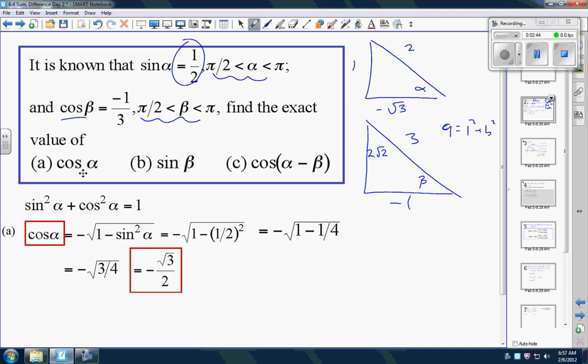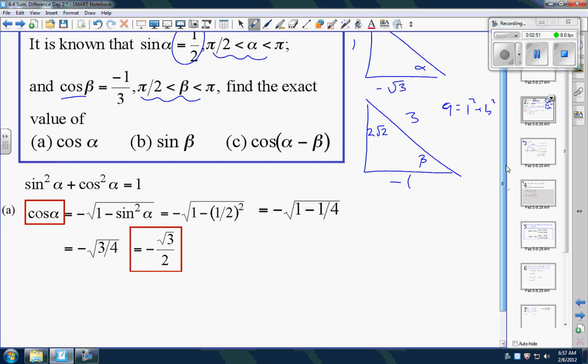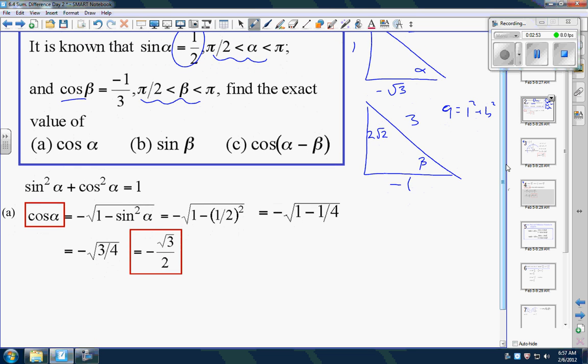So if I'm trying to do cosine of alpha, I'm just going to go right to the triangle with the alpha, grab your cosine: negative square root of 3 over 2. The nice thing with triangles is you never have to worry about signs, because if you label them appropriately, like we did here and here, the signs take care of themselves.